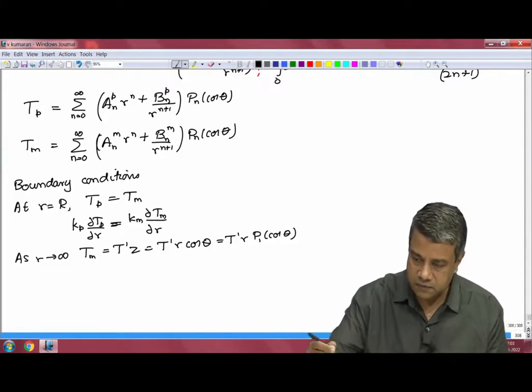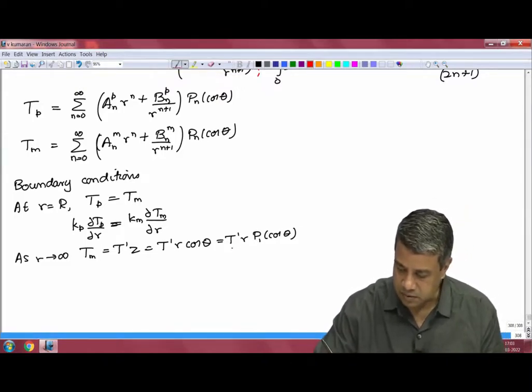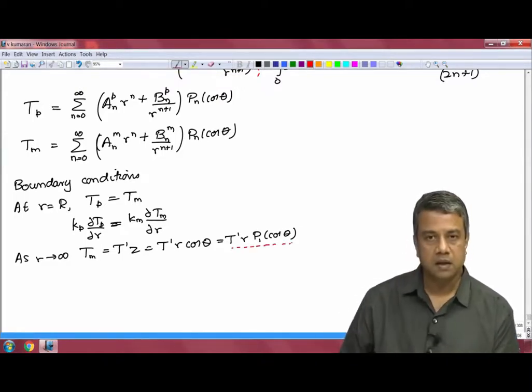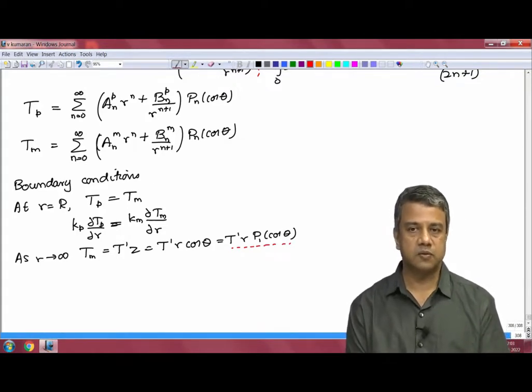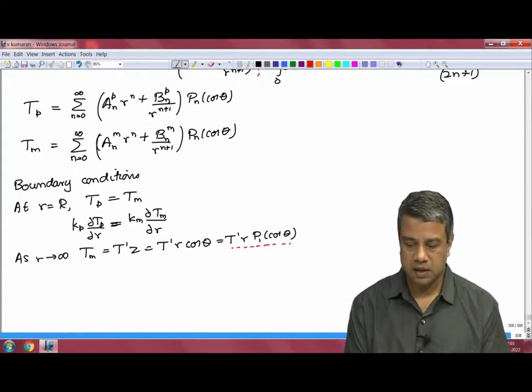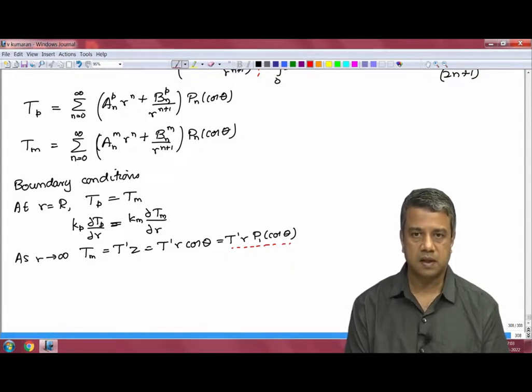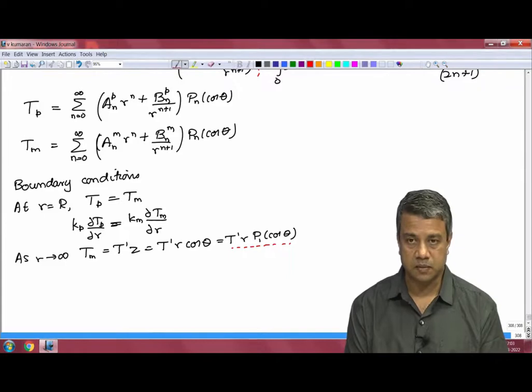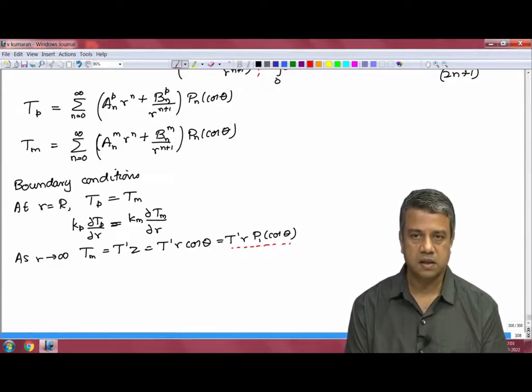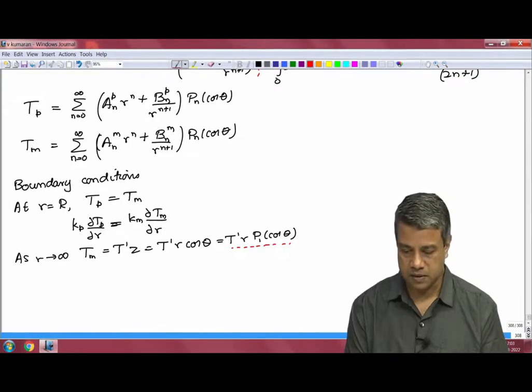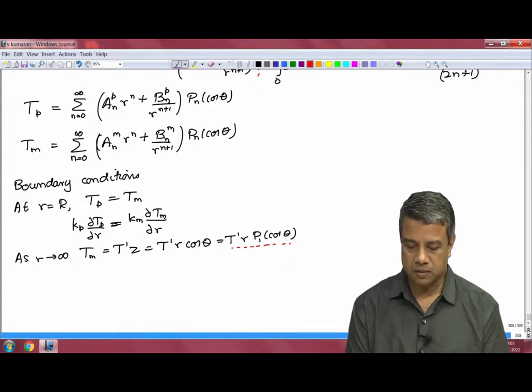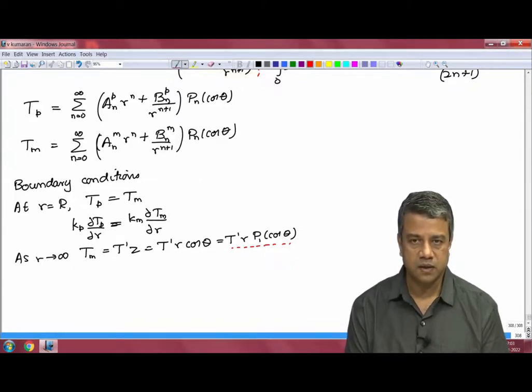You can see that the forcing for the boundary conditions is proportional to P1. If I expand out the boundary conditions in an expansion in Legendre polynomials, then the contribution to the boundary condition at infinity is only for P1.